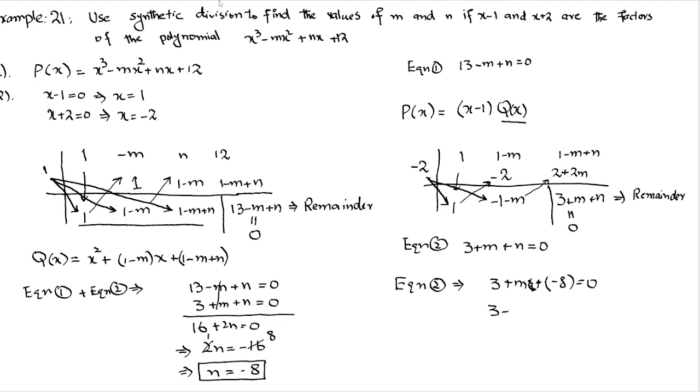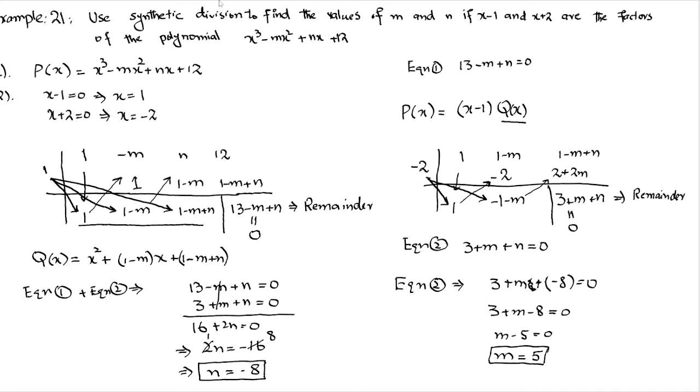So we have 3 plus m minus 8 is equal to 0. 3 minus 8 is minus 5. So m minus 5 is equal to 0, which implies that m is equal to 5. So the required values are m is equal to 5 and n is equal to minus 8.